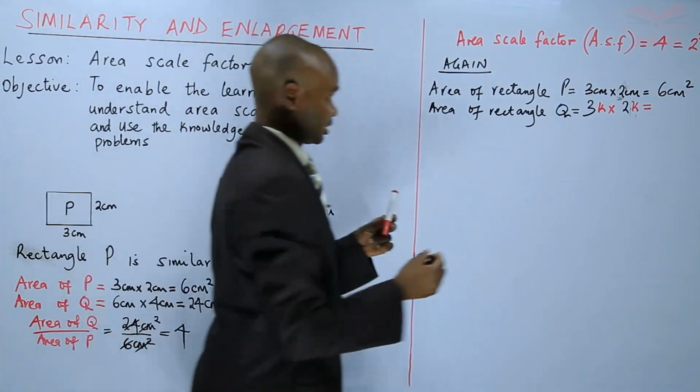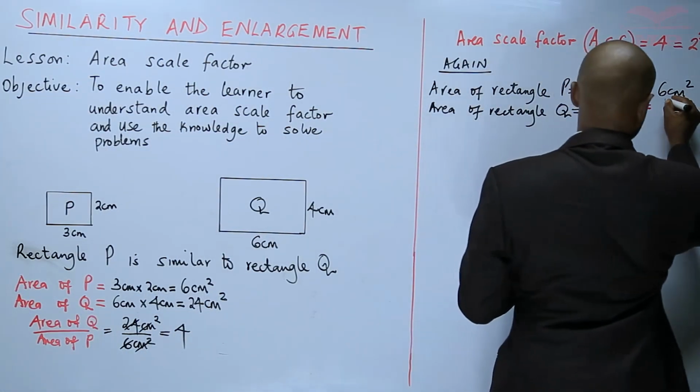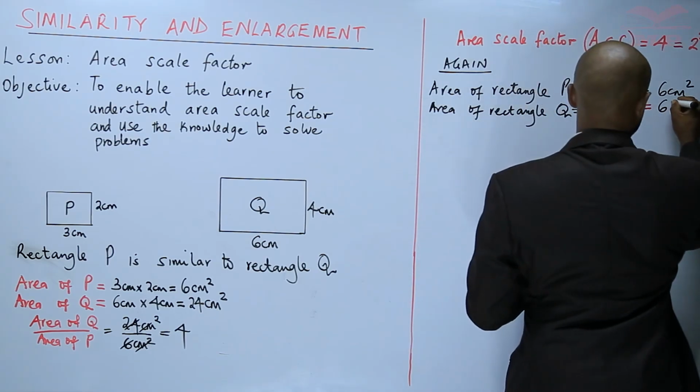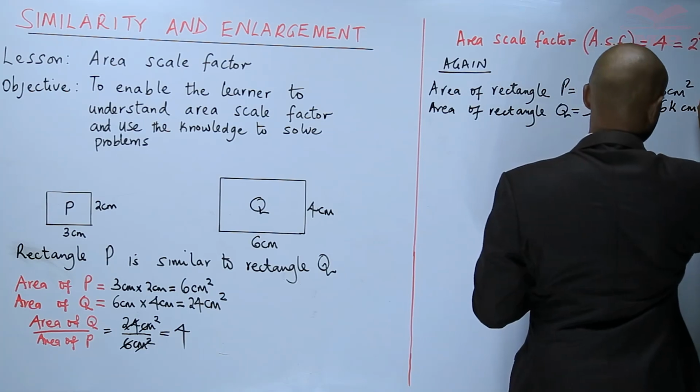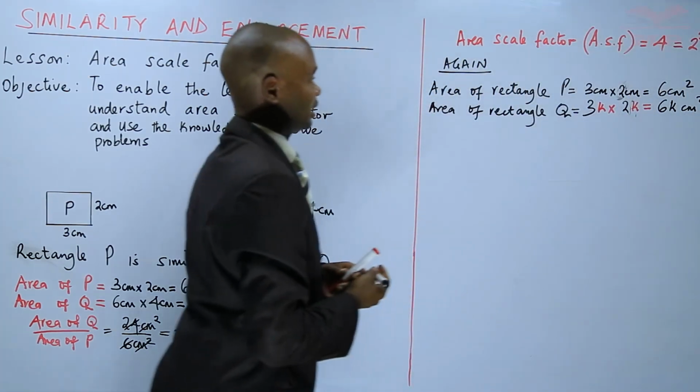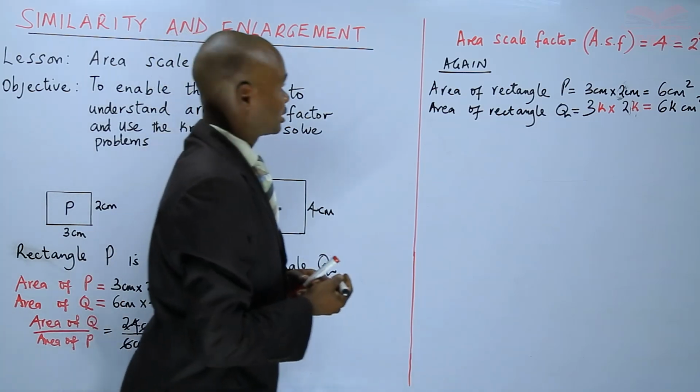It will give us 6K squared centimeters squared.